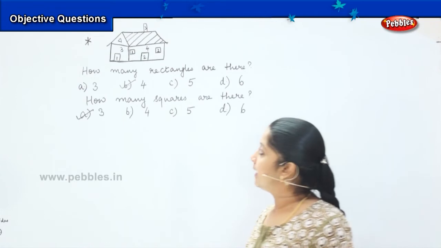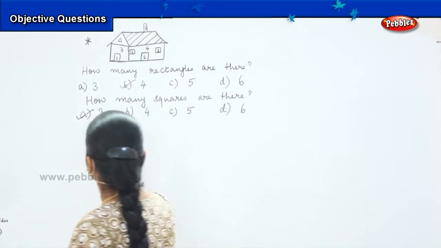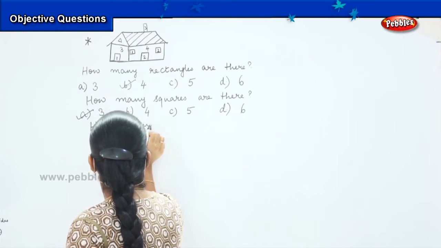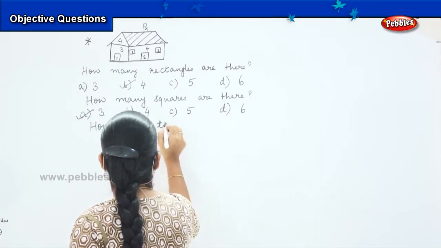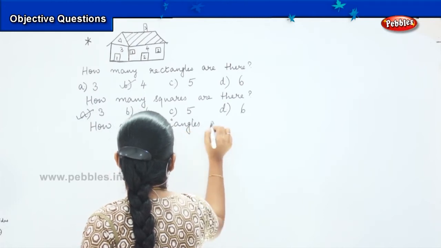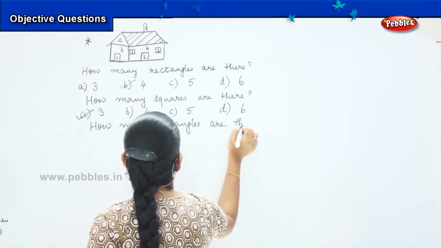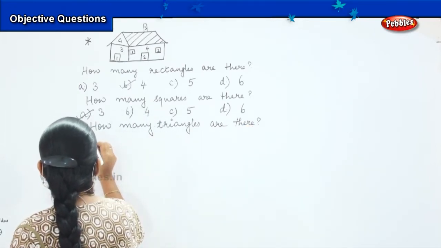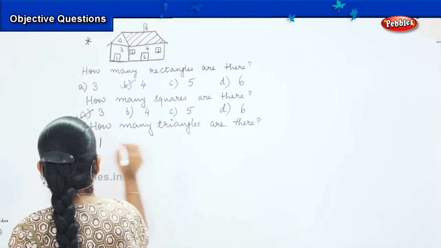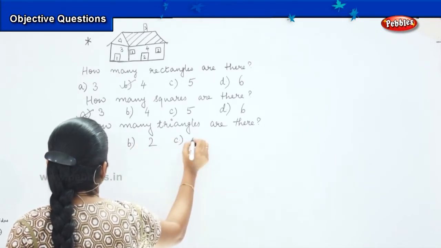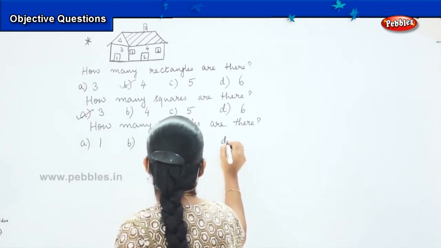Okay. The last question is, how many triangles are there? And my options are A, 1, B, 2, C, 3 and D, 4.